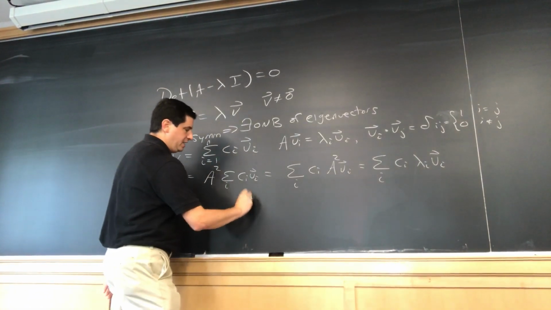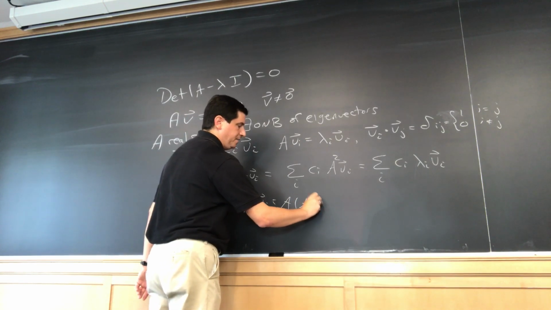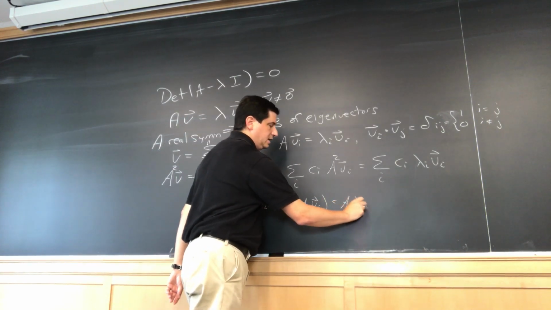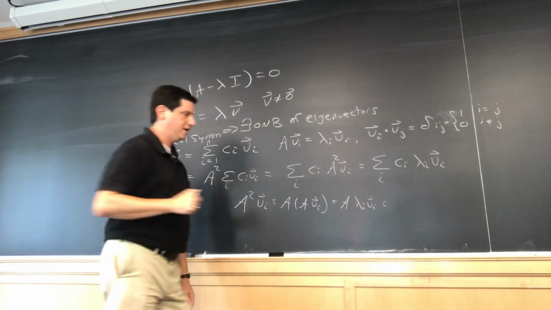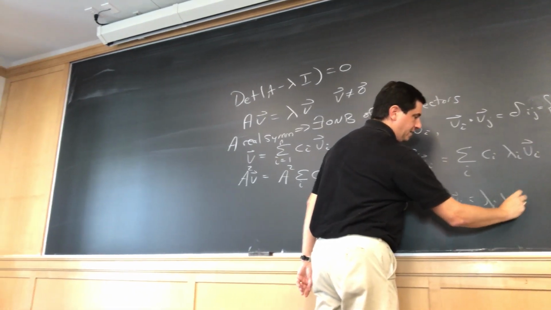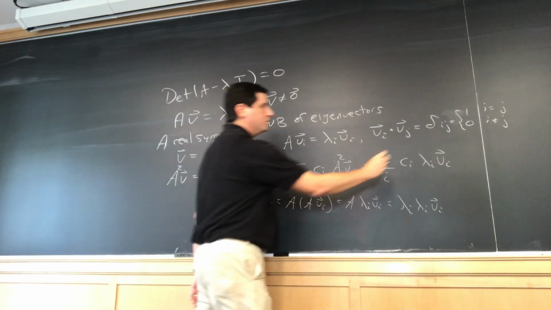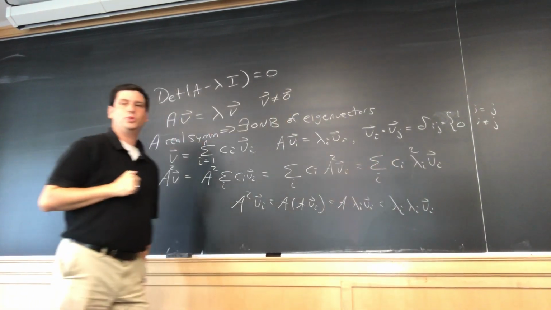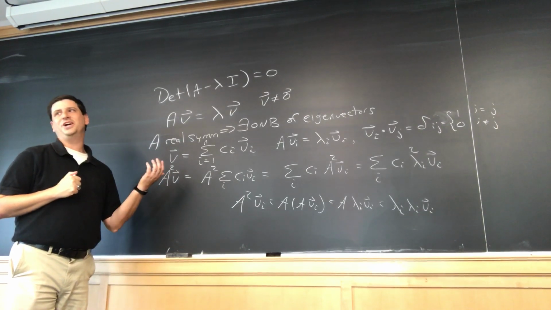So A squared of vi is just A of lambda i vi. I can pull out the lambda i, have A act on this, and I'll get lambda i squared vi. And so when the dust settles, I would get lambda squared. And in an absolute shocker, what should I do next?